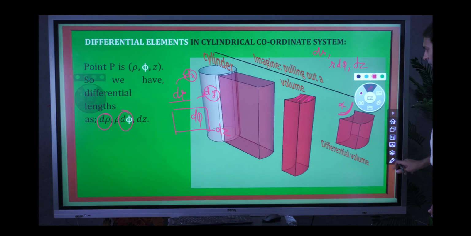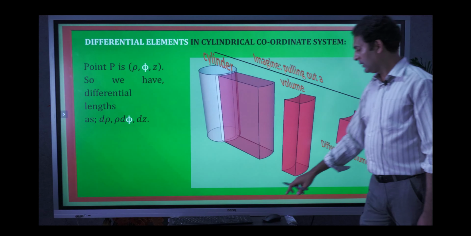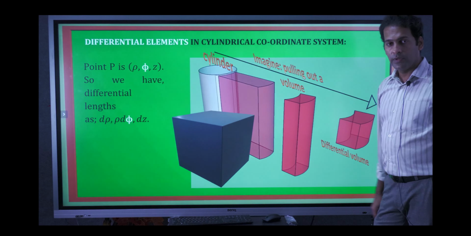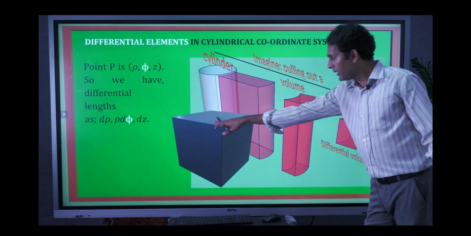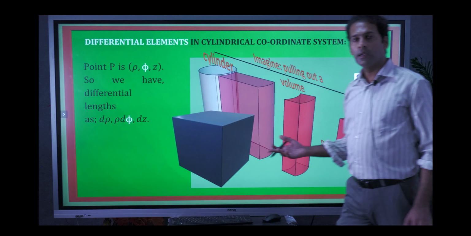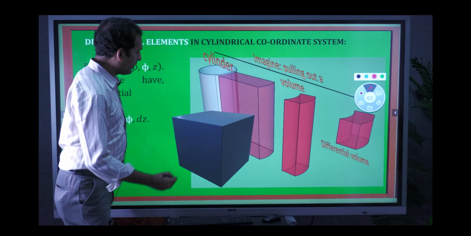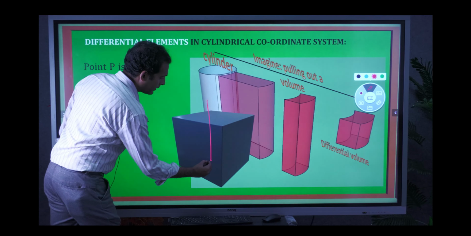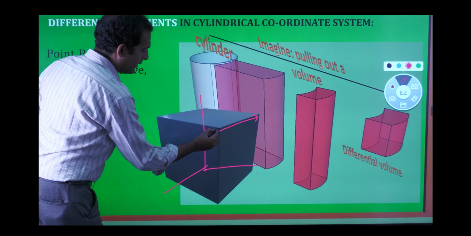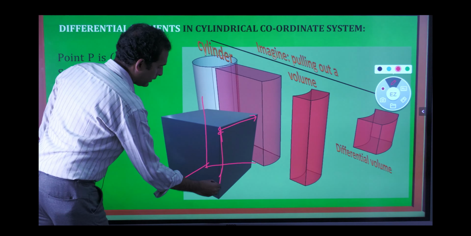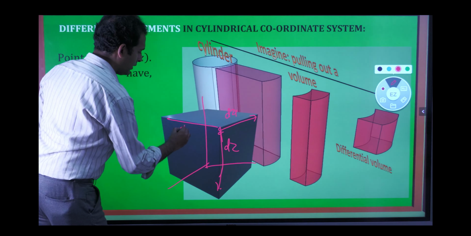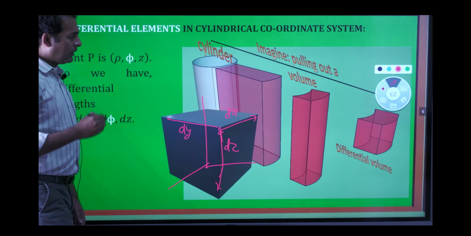We will see this with another approach once again. Here we will compare it with the Cartesian coordinate system. Here all the flat surfaces are there, so their differential elements are simple to find out. They will have three axes, so for three axes, we will have differential elements in three directions: differential x, differential y and differential z, because straight lines are there.